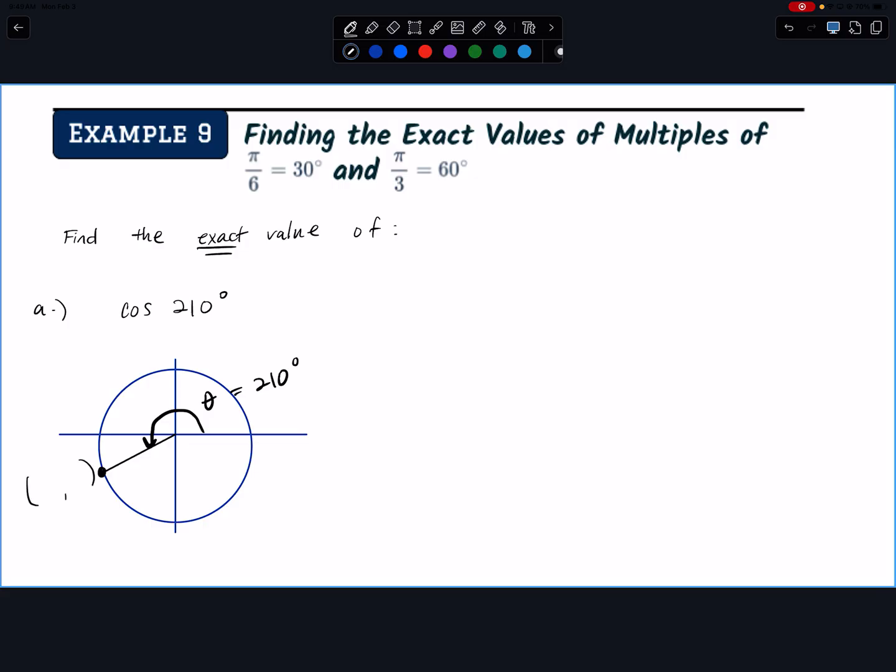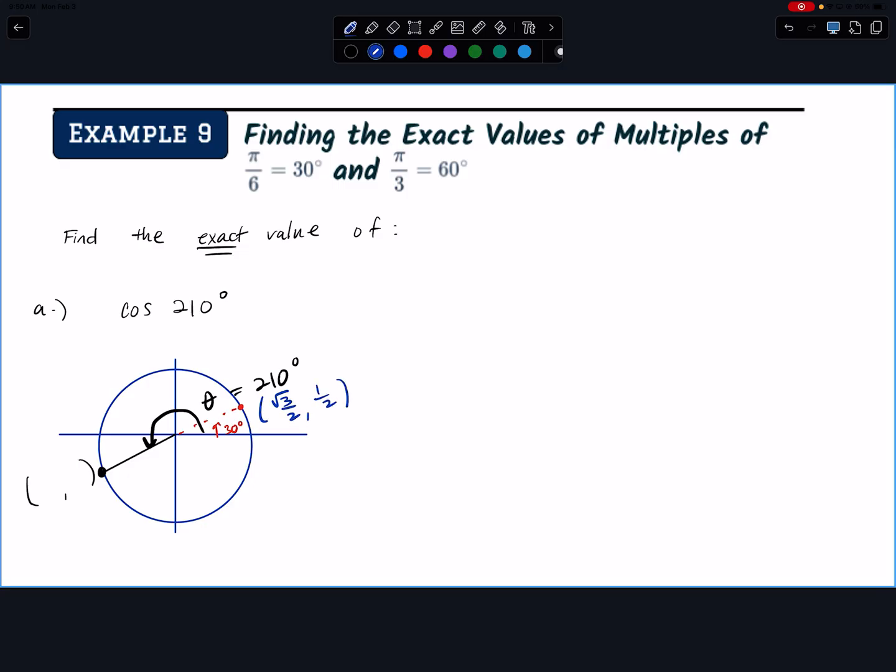So instead of having to memorize this one, remember this is going to correspond to the same angle in quadrant 1, that's 30 degrees. Does that make sense? Because they're both 30 degrees off of the x-axis. If you memorize this, the point here would be root 3 over 2 comma 1/2.